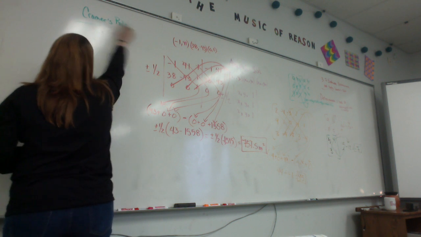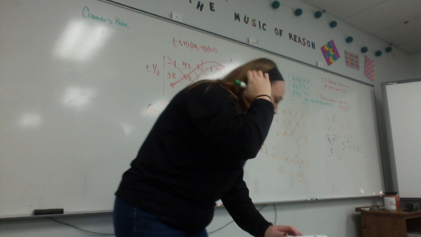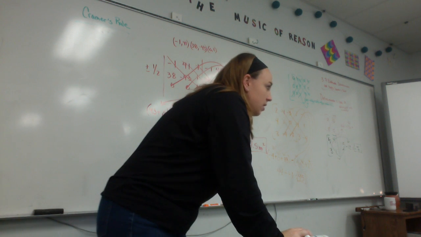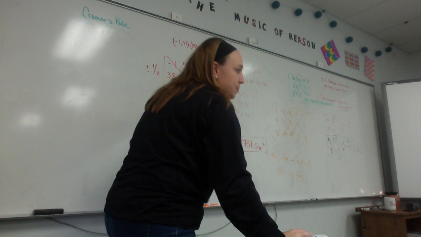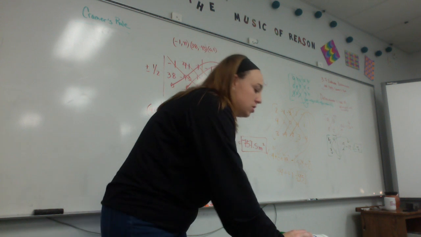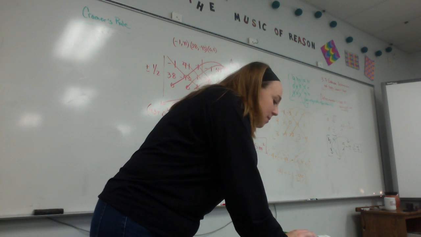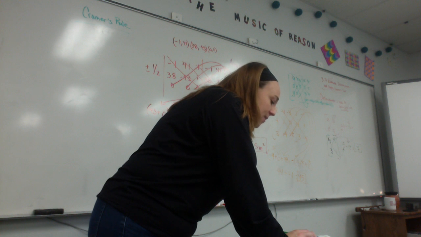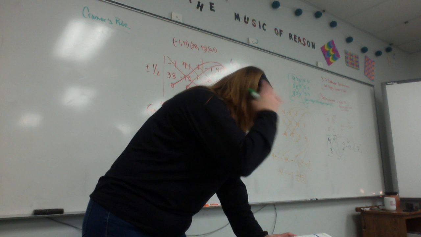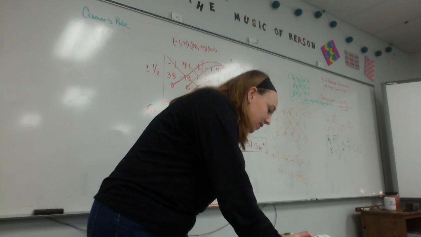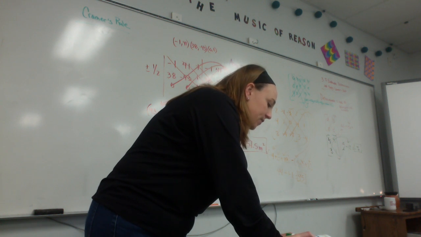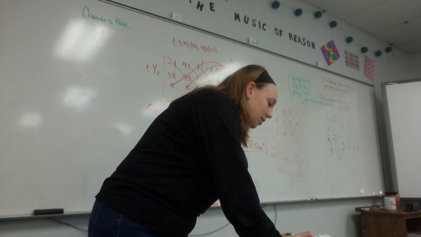Okay, Cramer's rule. You can use a determinant. Cramer's rule uses the determinant to solve a system of linear equations. It's named after the Swiss mathematician Gabriel Cramer, who lived from 1704 to 1752, and it uses the coefficient matrix of a linear system.